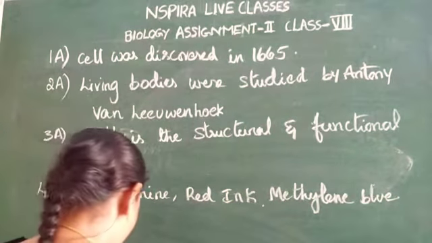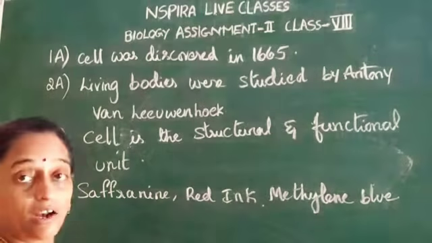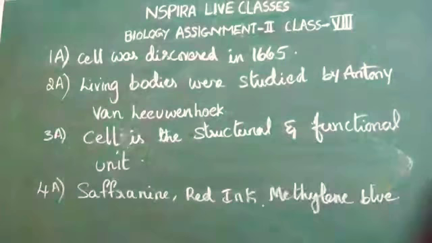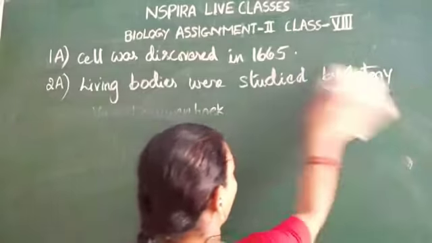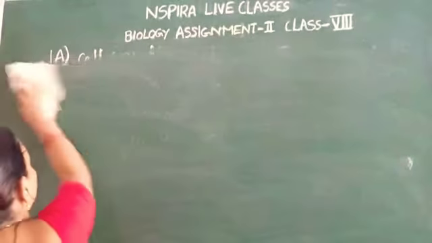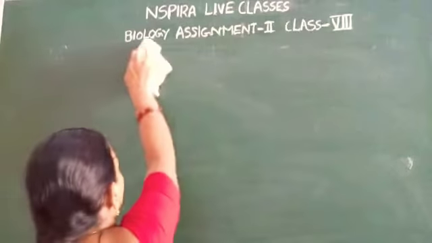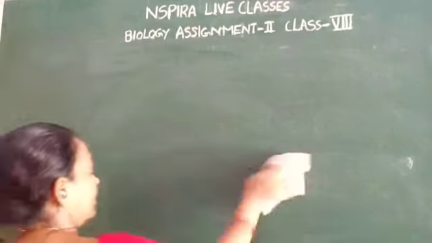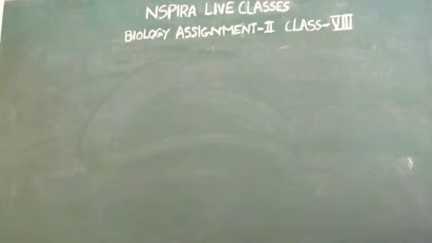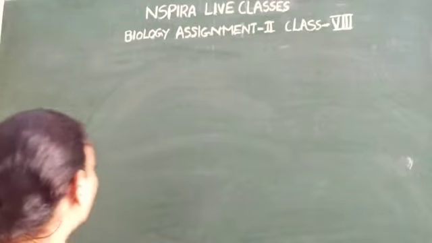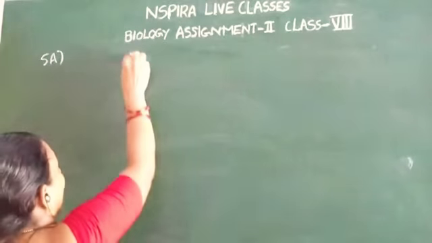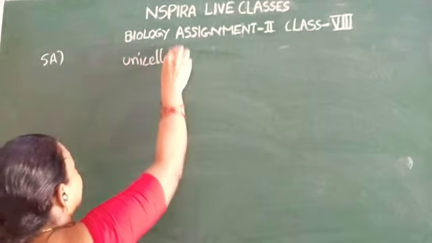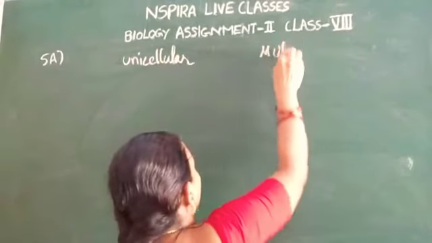Next, fifth one. Differentiate between unicellular and multicellular organisms. You can write the differences in tabular form: unicellular, multicellular.